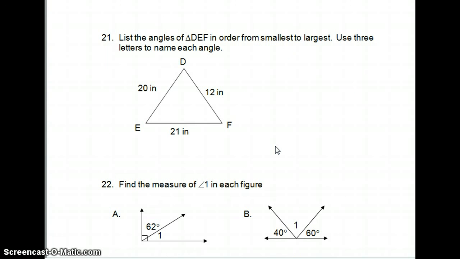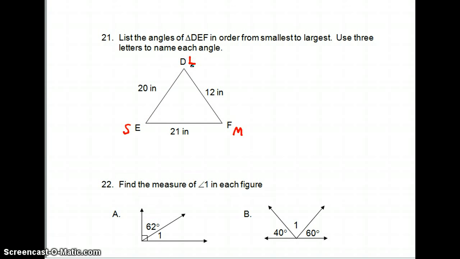Use 3 letters to name each angle. Okay, so angles, we want to list the angles. We're given the sides, so we know that the smallest angle is across from the smallest side, so here's our smallest angle over here. Our medium is here, and large is up here.